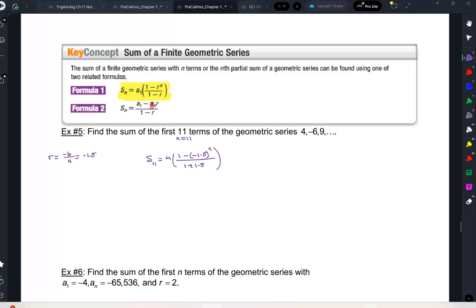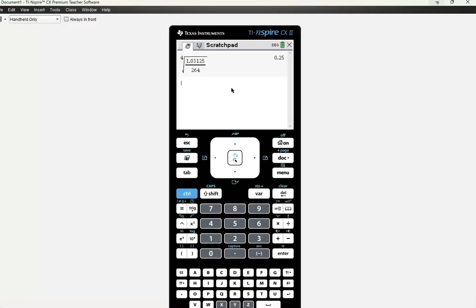So when you plug that in, it's going to be 4 times 1 minus negative 1.5 to the power of 11 all over, what is it, 1 plus 1.5, so that's 2.5, right?